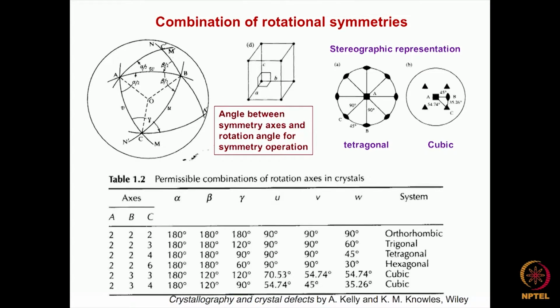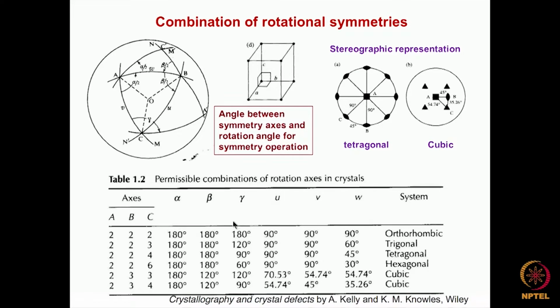Suppose the two operations are there, and in another direction you find a threefold. Then the crystal system becomes a trigonal one. Then the angle between the two twofold axes will be 90 degrees and the other one turns out to be 60 degrees. These various combinations are possible, and on that basis we can have different types of crystal structures. This is one way in which various crystal systems can be classified.